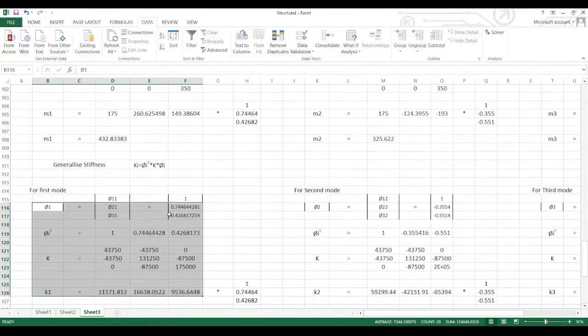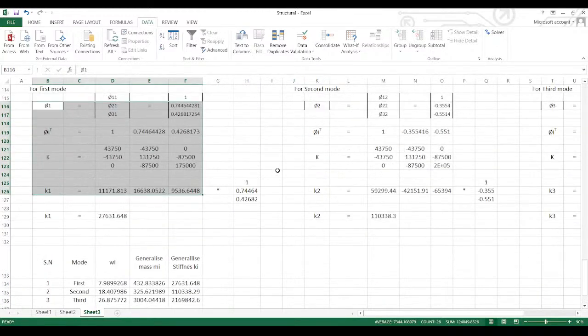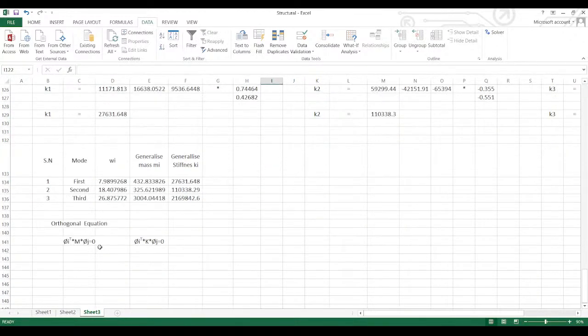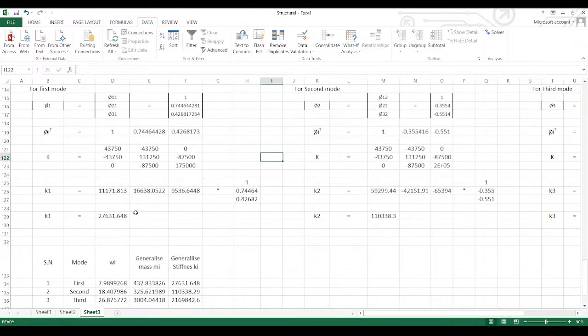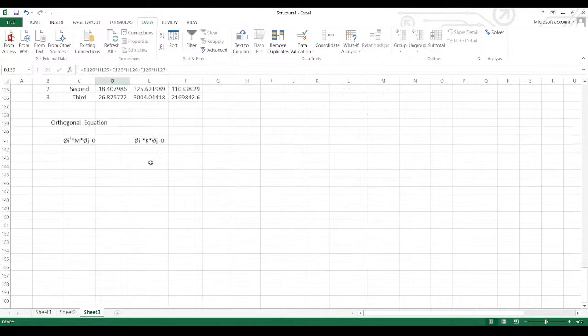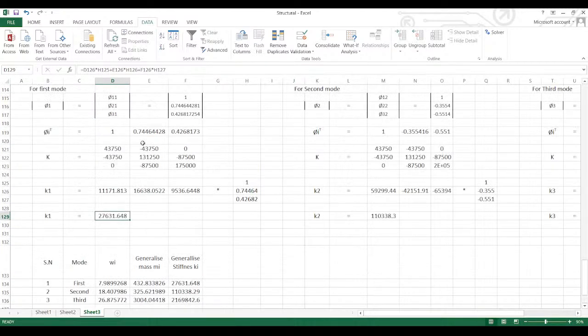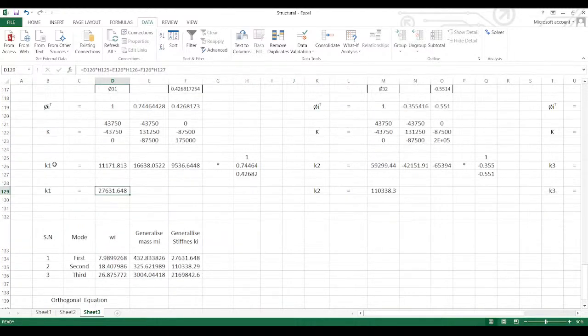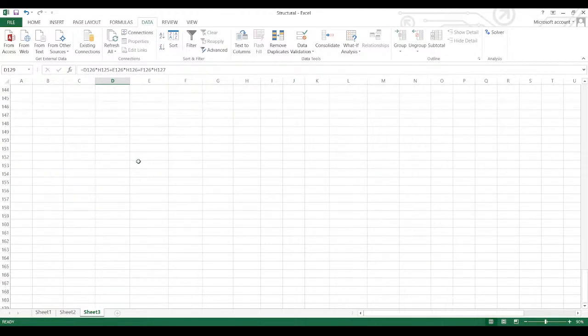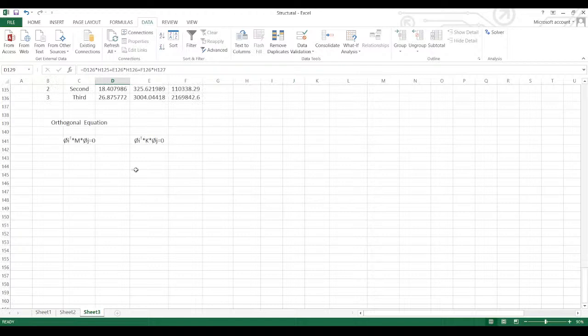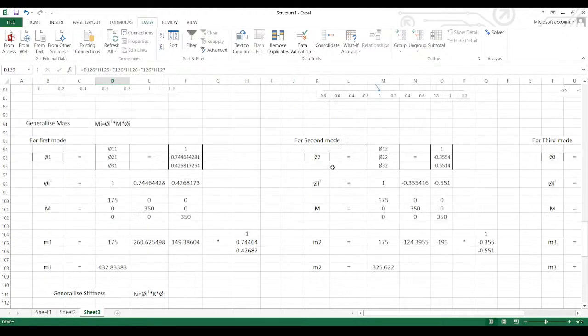This value must be 0 here, so this product is equal to a 0 matrix, so we have verified the orthogonality properties.